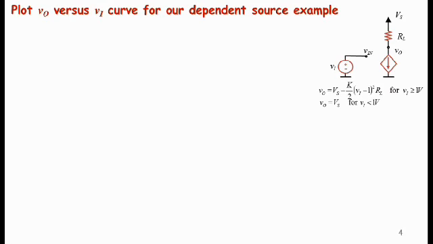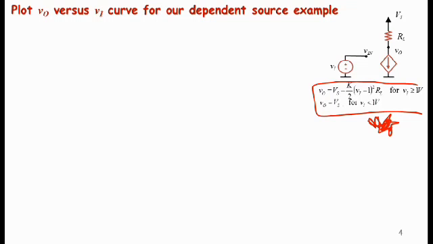On the right-hand side here, I've just summarized what you've seen so far. This is the expression that I had marked with a star. This is not a great-looking star, but pretend it is a star. This was a circuit I showed you earlier, and V naught equals Vs minus the current times RL for Vi greater than 1 volt, and V naught equals Vs for Vi less than 1 volt.